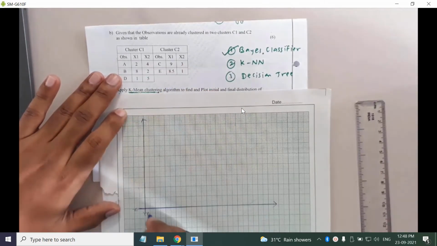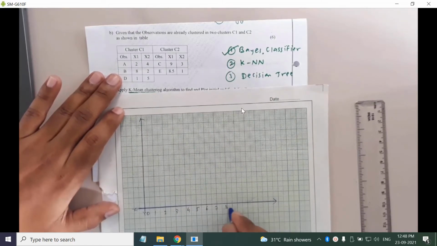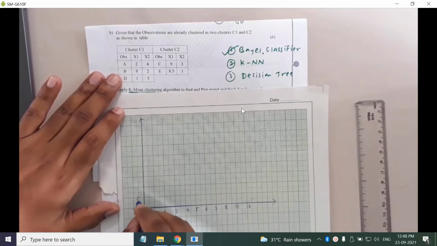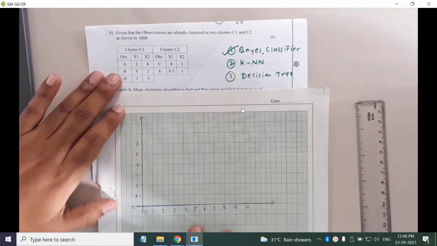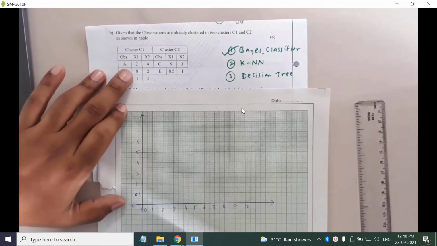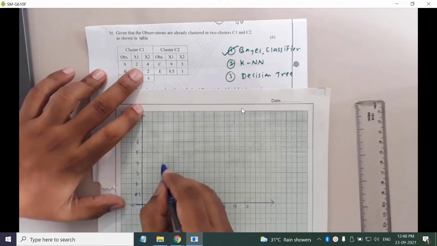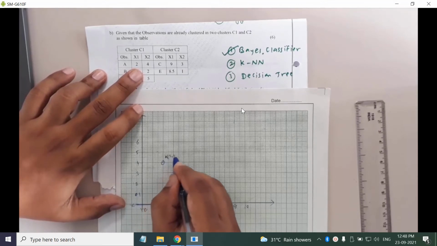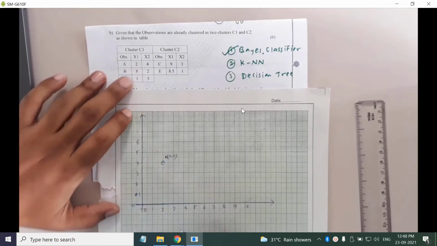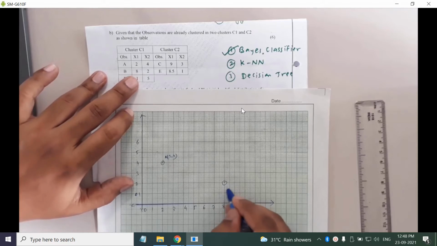So 0, 1, 2, 3, 4, 5, 6, 7, 8, 9, 10. 1, 2, 3, 4, 5 and 6. These much are sufficient. The coordinates of the A point are 2, 4. So this is my A point, 2, 4. Then B point 8, 2. So this is my B point, 8, 2.